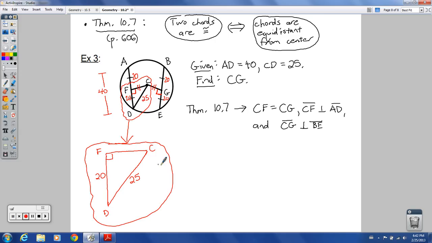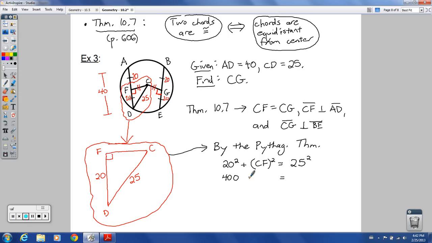So now we'll get into what I was saying here. Let's make a little note there. By the Pythagorean theorem, we can say that 20 squared plus a leg squared, CF squared, equals hypotenuse squared, equals 25 squared. Now we're just solving for CF here. This would be 400.